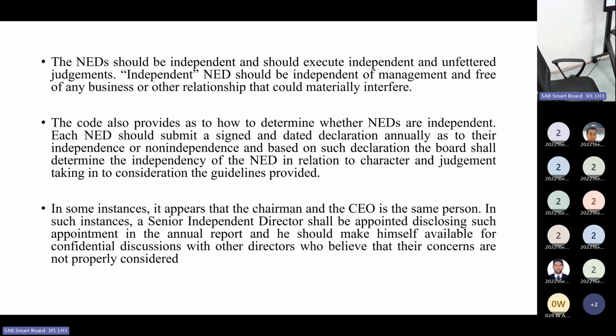And the last one, can you remember, in some instances it appears that chairman and CEO is the same person. You have to appoint a senior independent director. One of the non-executive directors you have to appoint as a senior independent director to talk with the shareholders and the board members. So these things we have talked.